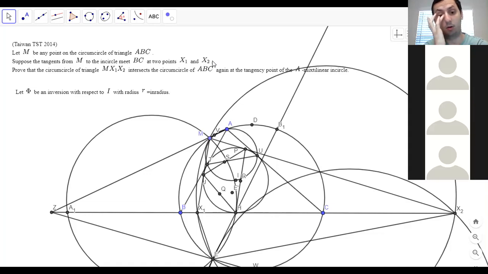You want to make it look like a cross ratio. I like that idea.